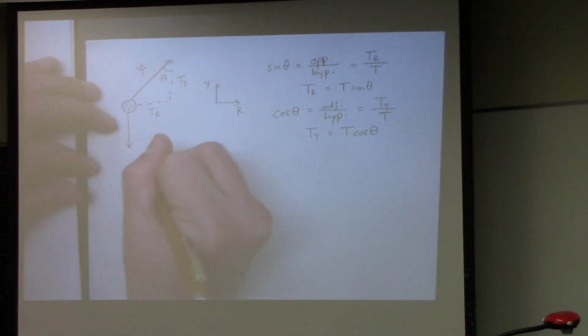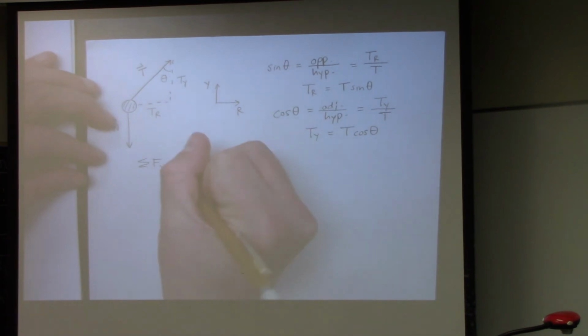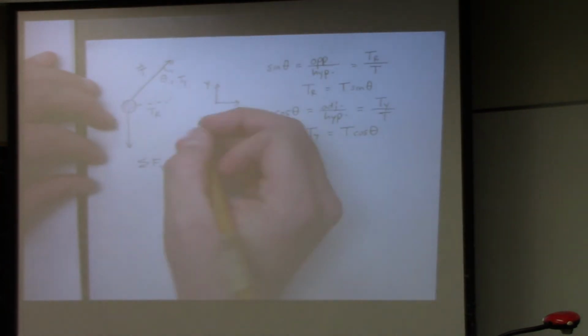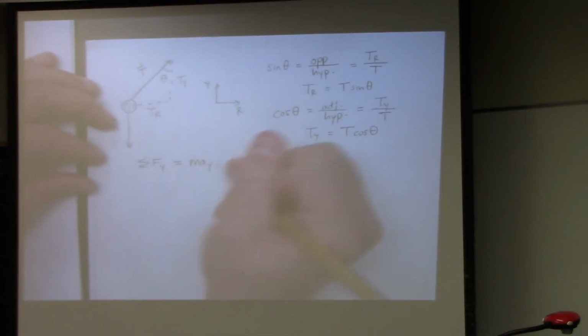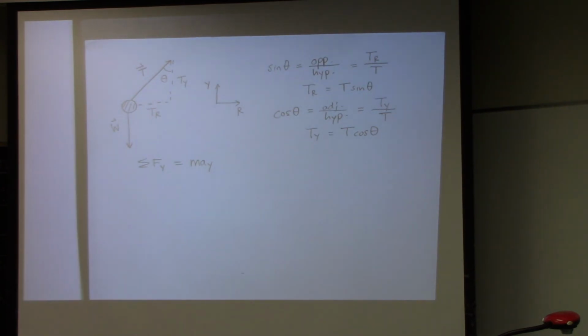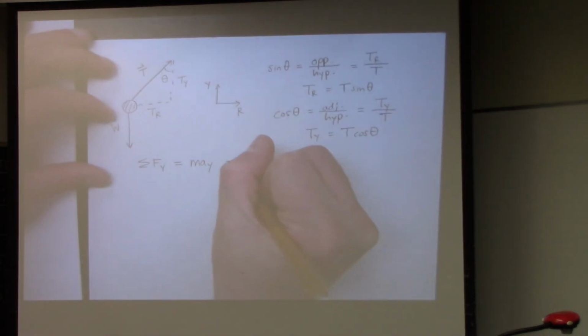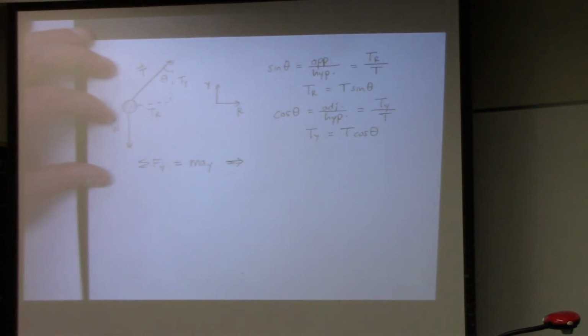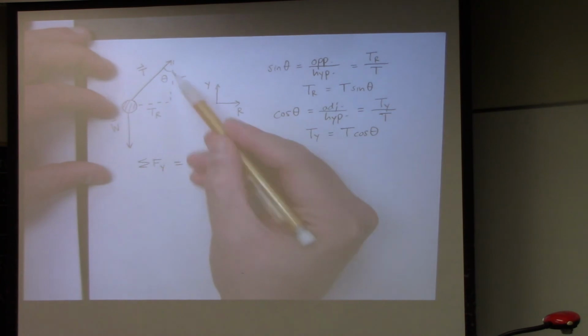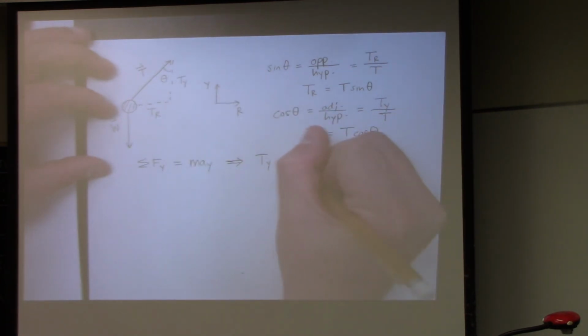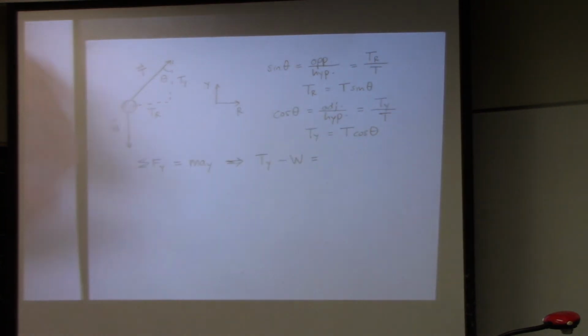Well, F equals ma applied to the y direction and the r direction, that's what's coming next. So you can kind of see a pattern to these problems. This says the net force in the y direction is equal to mass times ay. So what forces do we have in the y direction? Well, we have Ty going up, and then we have the weight going down. So those just go against each other.